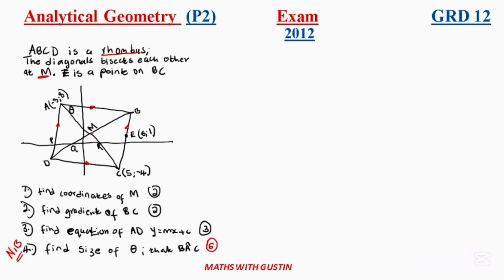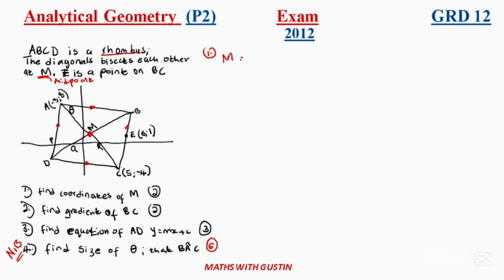Immediately when they said the diagonals bisect each other, it means this M here is a midpoint. So we would know from our formula sheet how to find the midpoint. Let's go ahead and do that.